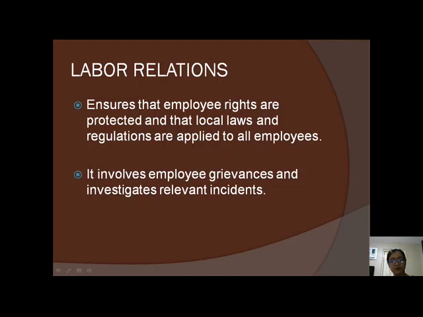It also involves employee grievances and investigates relevant incidents. In other words, if there are disputes or complaints from the employees, there should be a grievance machinery, or a method or process on how you handle those labor disputes.